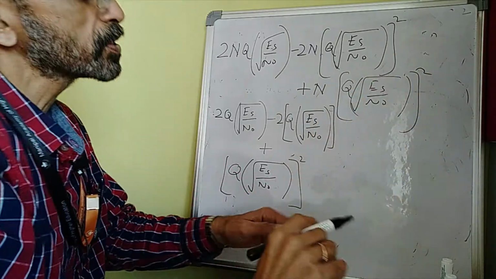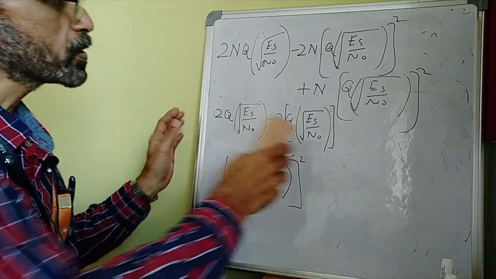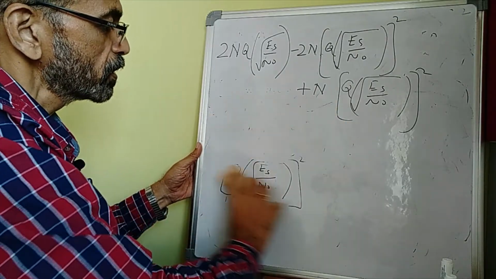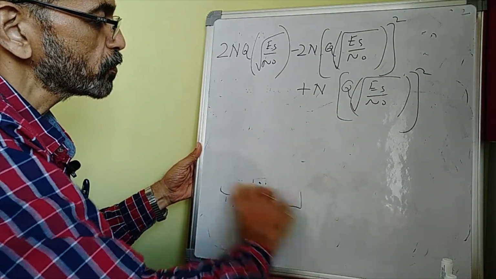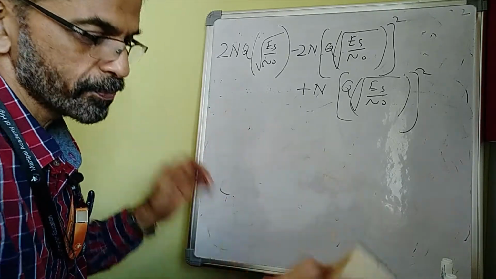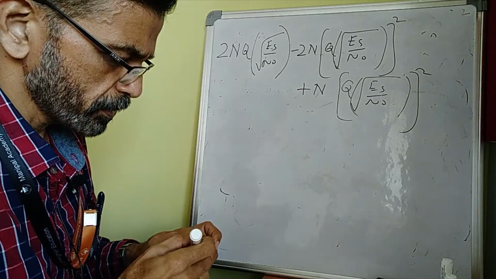So this is the number of symbols in which we made an error in its detection. And you can see that if you divide this by n, you will get the symbol error rate, which you should.